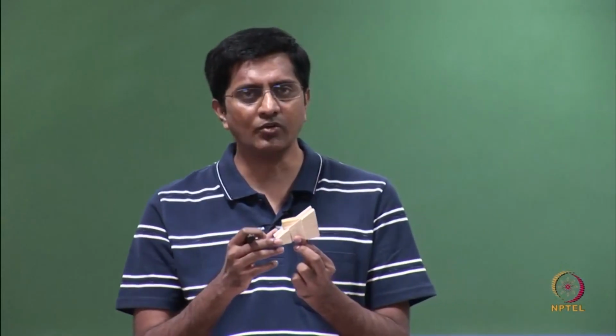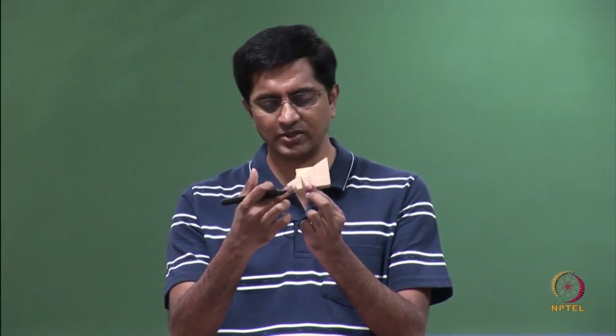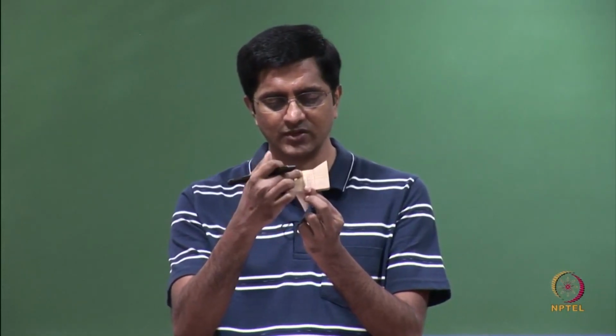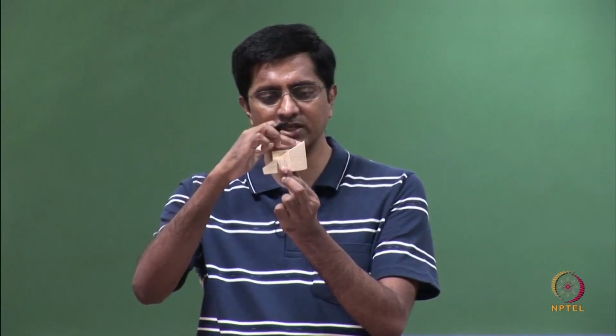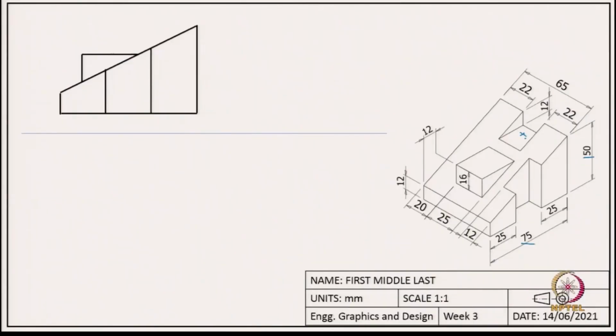Now we are able to capture the front view, all the visible things. We have captured this face, the second face, as well as the third face. Is there any feature which is hidden? The answer is yes. There is a slot here on the top. The slot is not visible in the front view, but it is a hidden feature. So, how do we show it?